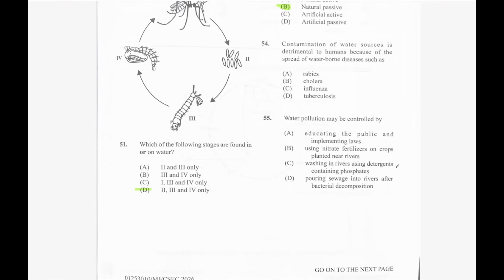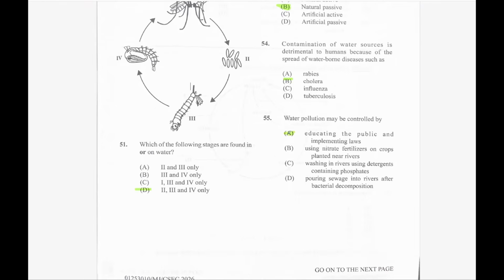54. Contamination of water sources is detrimental to humans because of the spread of waterborne diseases such as cholera. B is our answer for 54. Question 55. Water pollution may be controlled by educating the public and implementing laws.